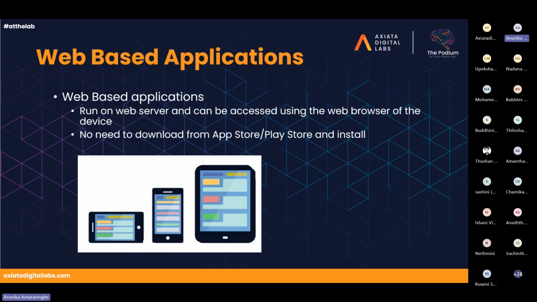The main thing is that web-based applications use the mobile's web browser, so you don't need to install the application from the App Store or Play Store. That is one of the key differences between native and web-based applications. These applications run on a separate web server, so it is obvious that you need an internet connection to access them.